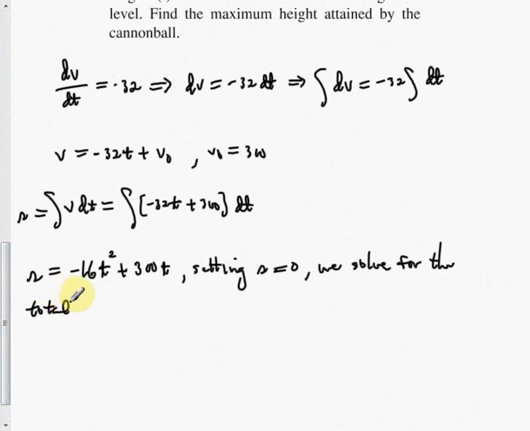There are 2 times that s is 0, right? At the beginning, and then when it comes back down. It goes up and it comes back down.